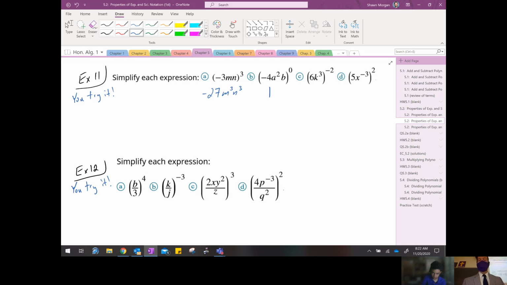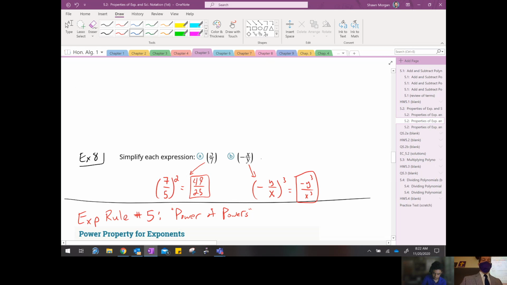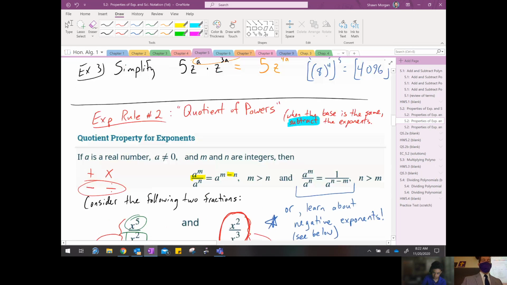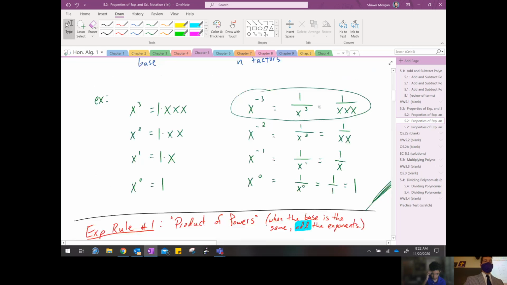Question, Luke. When you said it was raised to 0, I thought you meant don't change it, like it was multiplied by 1. Nope. If you go back, we had in green our little pattern, right up there. We were saying that x to the third is 1 times x times x times x.